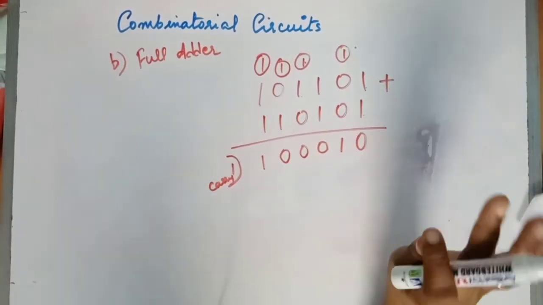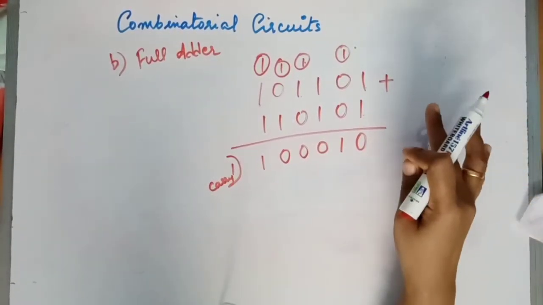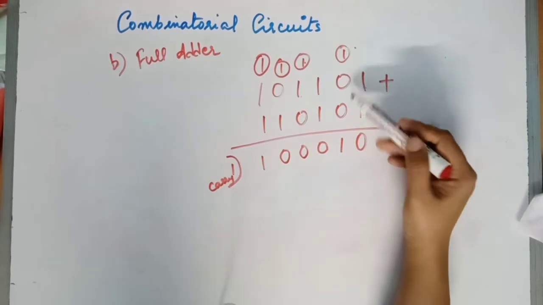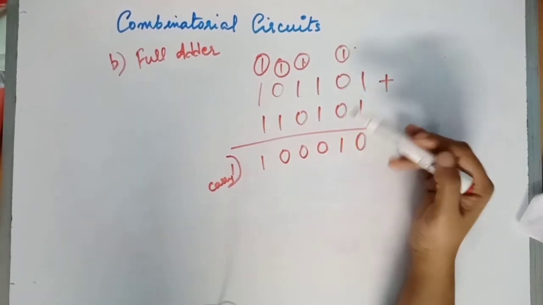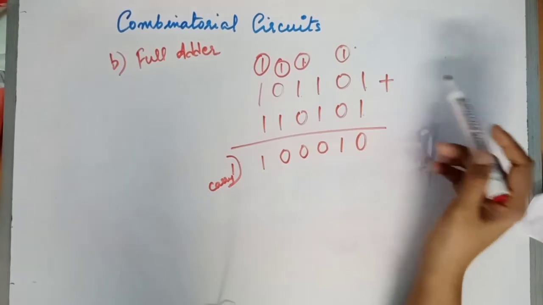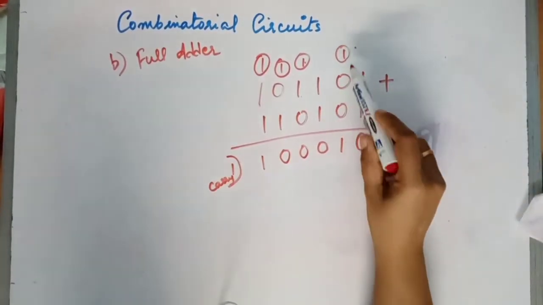So in full adder, you have 3 inputs. What are the 3 inputs? The normal inputs, that is A, B, and the carryover from the previous stage.